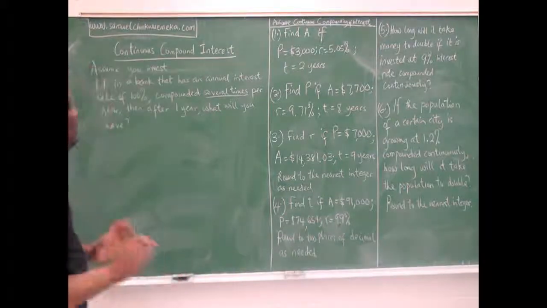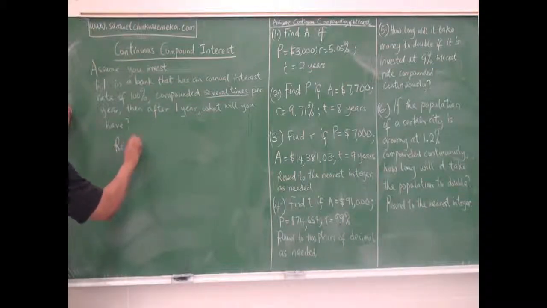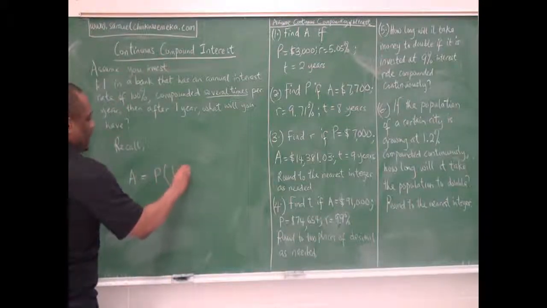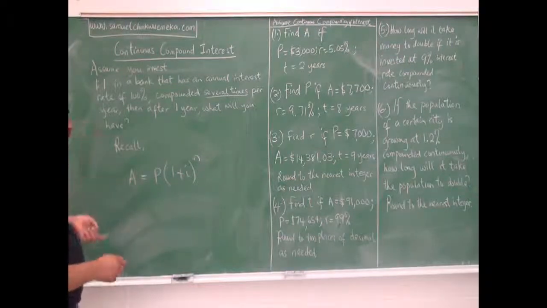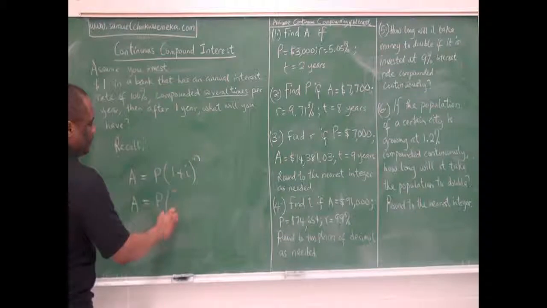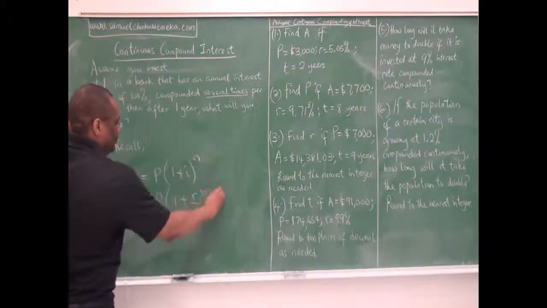Okay, so now let's make a table. Recall the compound interest formula. A will be P(1 + i), and this was the first formula I gave you in that video. I also gave you another formula: A = P(1 + r/m)^(mt).